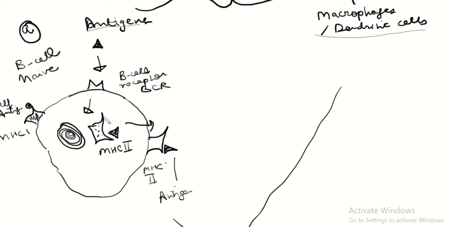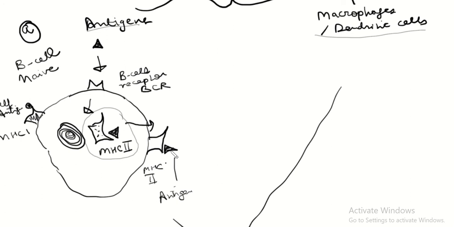Well, as the antigen gets picked up, there's an MHC2 complex that gets developed within this B cell. And this is an MHC2 marker or molecule. And then it actually attaches to the antigen and it gets to the surface. So now it has the MHC2 molecule with an antigen on it.